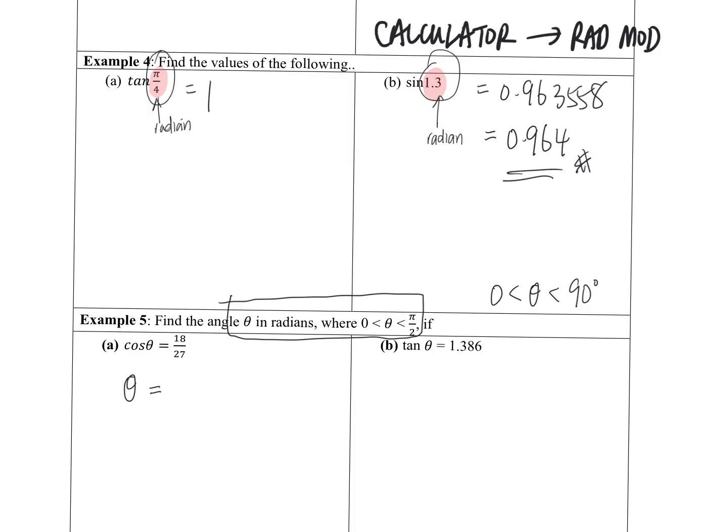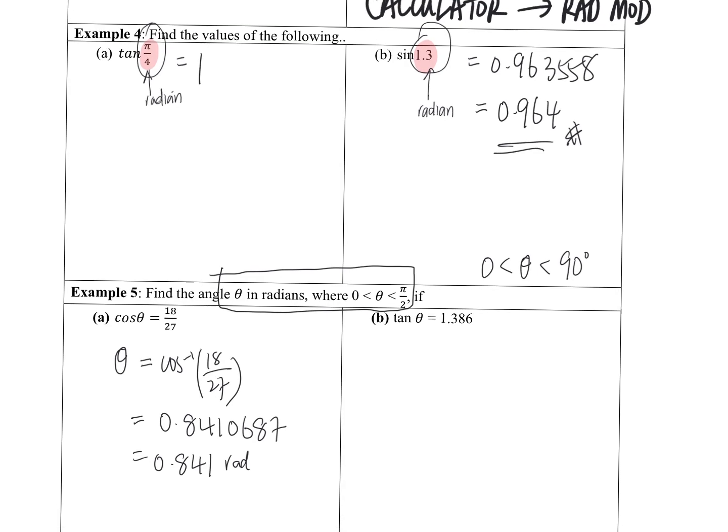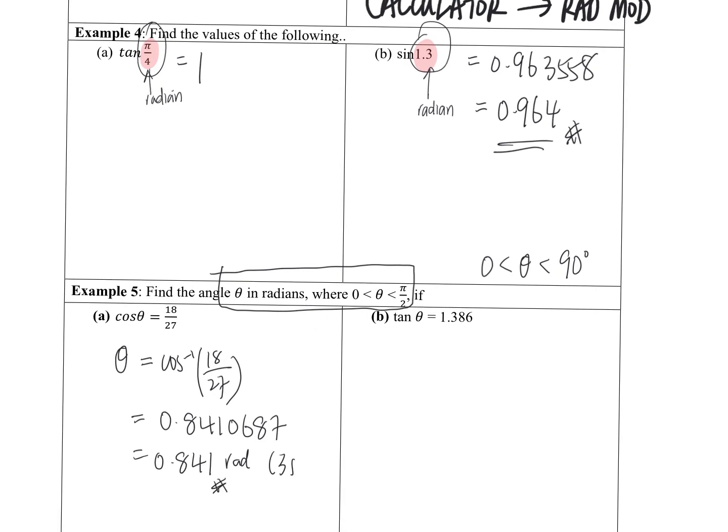So cosine inverse 18/27, use radian mode, and you will get the answer in radians. Because it's in radians, make sure it's 3 SF. So the unit is rad, 3 SF.